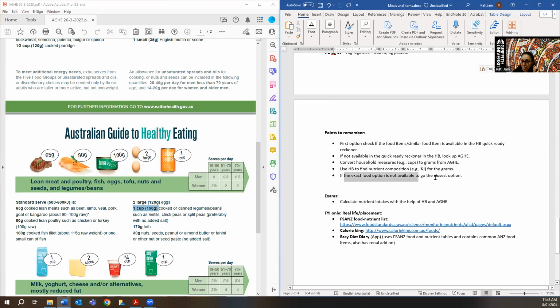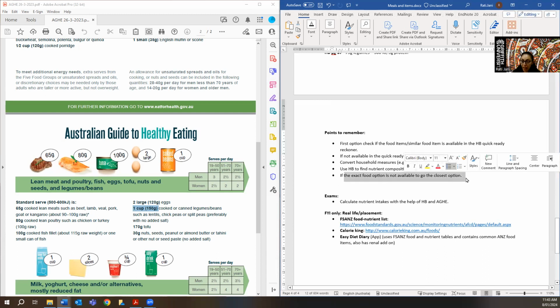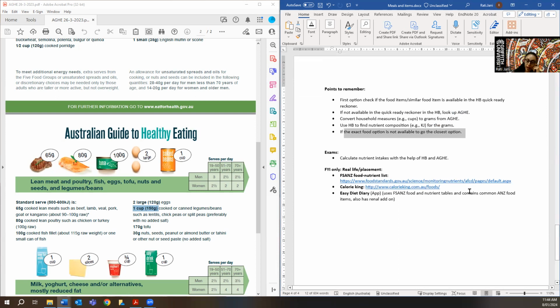If the exact food item is not available in any of these resources, AGHG, handbook, etc., please go to the closest possible option. I hope that is helpful, and rest assured, placement is much easier when it comes to calculating a patient's intake because you have access to a lot more resources.